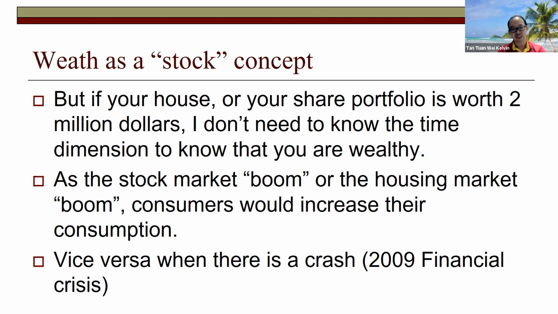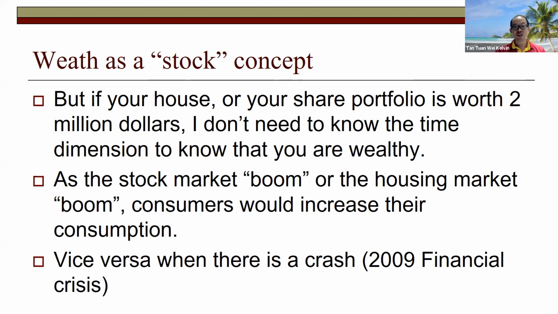So what I'm trying to say is this: if there's a boom in the stock market, or if the housing market does very well and the price of the house goes up, people feel wealthy, and they will immediately increase their consumption. Note that this is actually independent of income. So your aggregate demand curve would shift to the right.